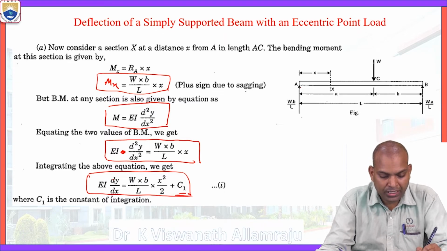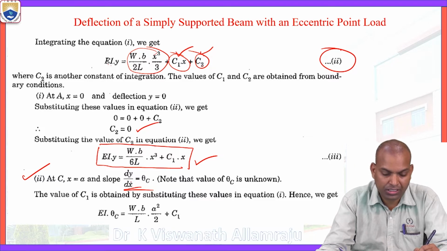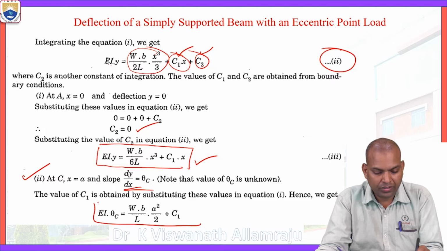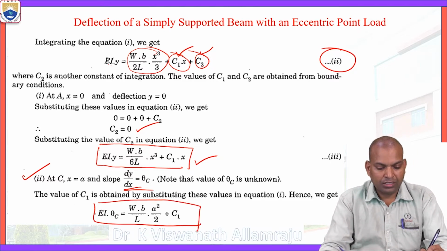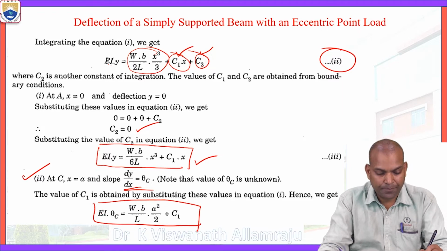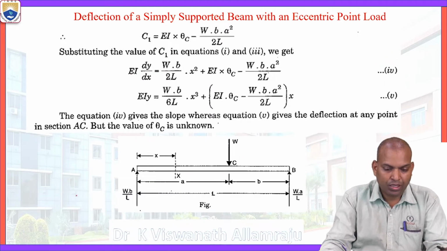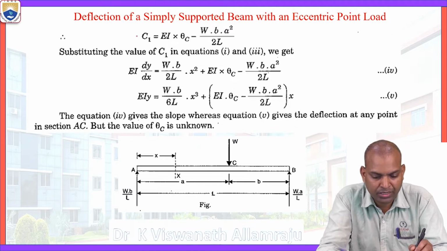Here dy by dx is not 0, it is theta c at C, where x equal to a. Then the slope equation is converted in terms of the distance a, and from this equation C1 can be calculated. That is C1 equal to EI times theta c minus Wb a square by 2L.